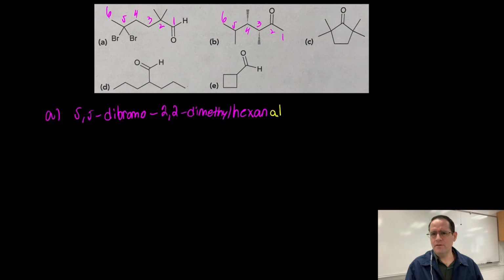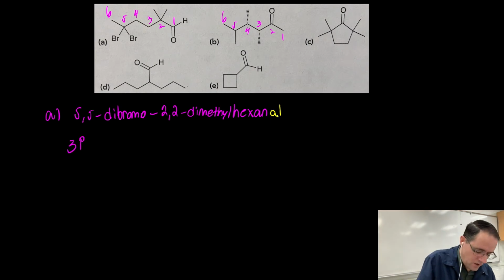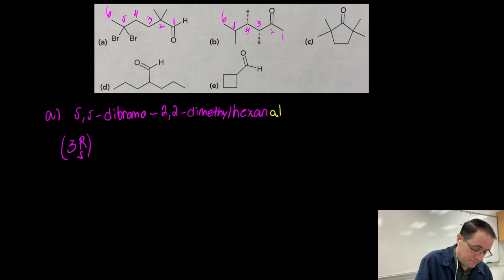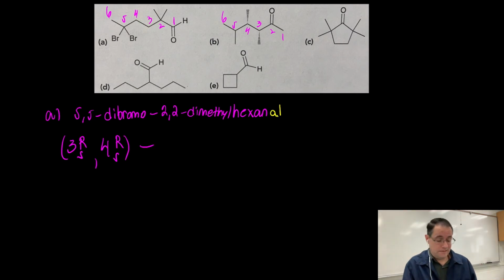Now we have a stereochemistry at carbon 3 and at carbon 4. So this is going to be 3R or S. I haven't figured this out yet. There are 2 stereogenic centers, so we'll put a comma, and this is going to be 4R or S. Not sure which one yet. And then I'll name this. So it's 3,4,5-trimethyl.